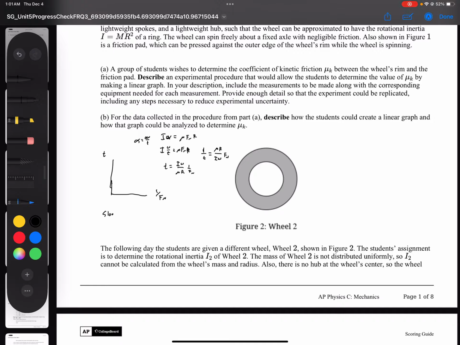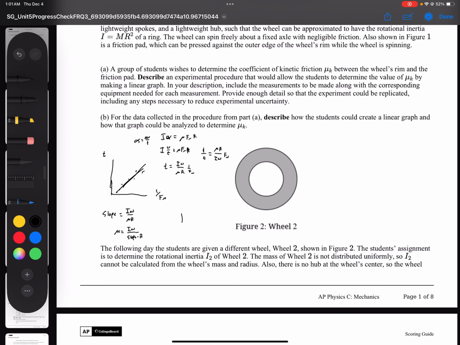Okay, so say I did this one. So then the slope, I'd have some data points. I get a slope. And then the slope would equal I omega over mu times r. So then mu would equal I omega over the slope times r. All right, so that's one way to do it.